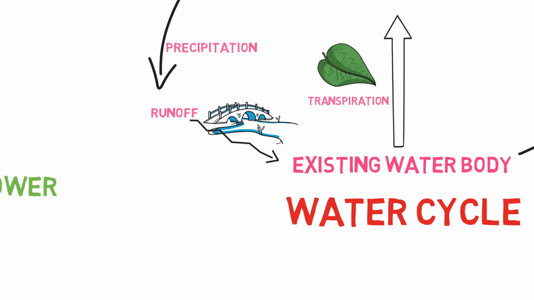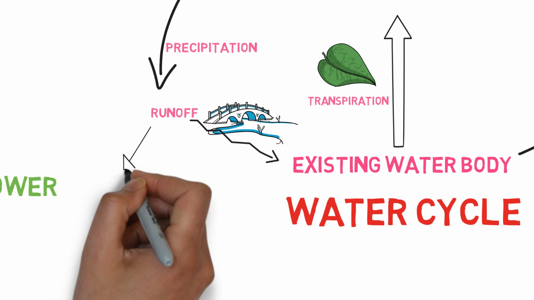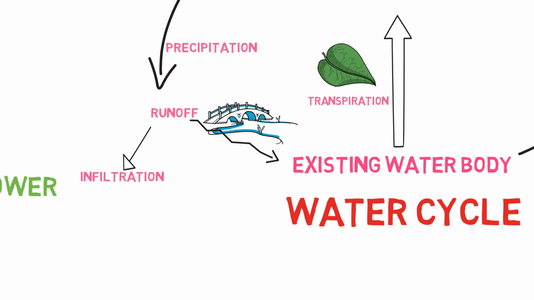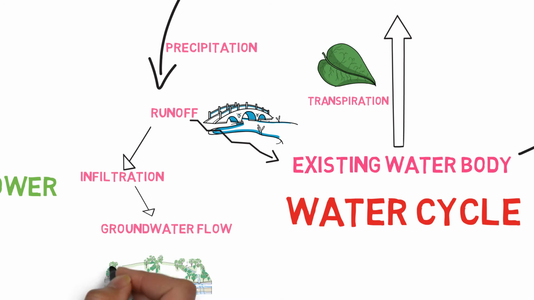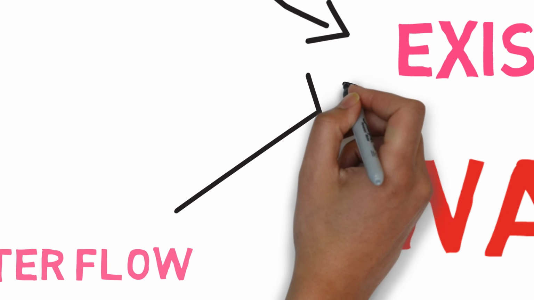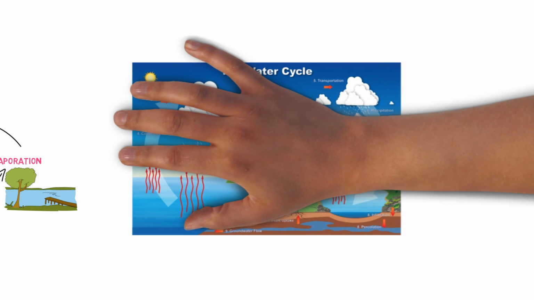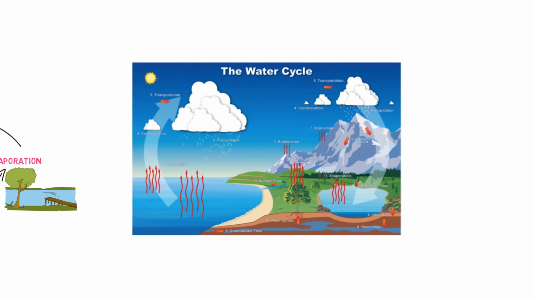So from runoff it goes into the existing water body, but some of this water percolates or infiltrates into the ground surface, and going through the ground surface it goes into the groundwater flow. Here they meet the aquifers and it goes into different travel areas, and eventually it does go into the existing water body. Here is a more general overview of how the water cycle works.